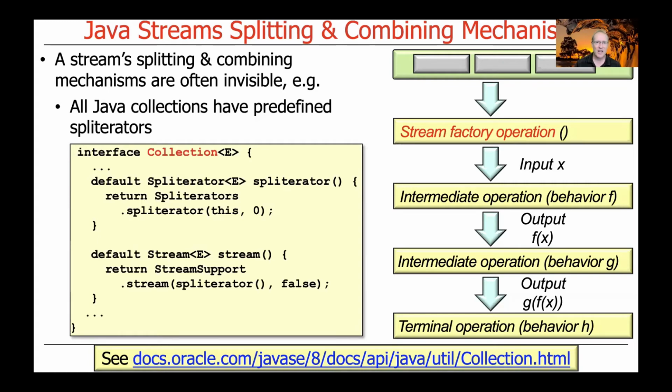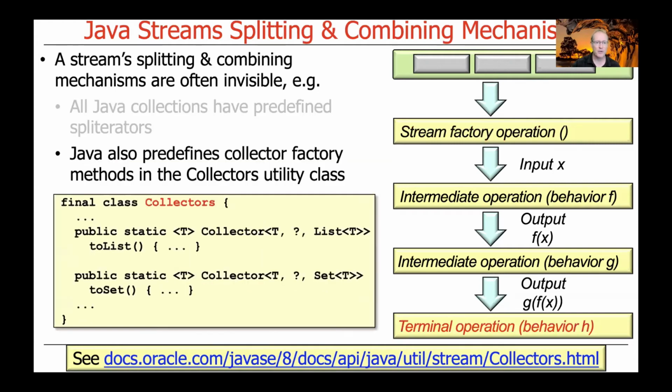If you take a look at the interface for collection, which is what all the collections inherit from, except for maps, but we'll talk about that later, you'll see that they have a spliterator factory method that's used to create a spliterator from the collection, and there are all kinds of different ways to do that. You'll also see that the spliterator method is used in some of the factory methods, like the stream and parallelStream factory methods. Those are what are used to actually split things up and start the ball rolling.